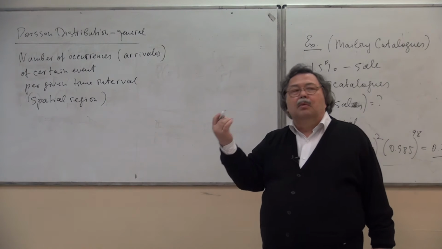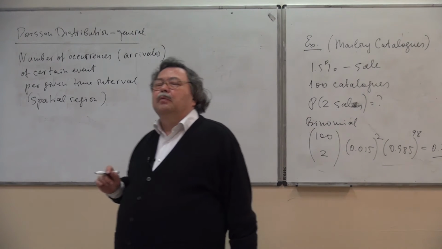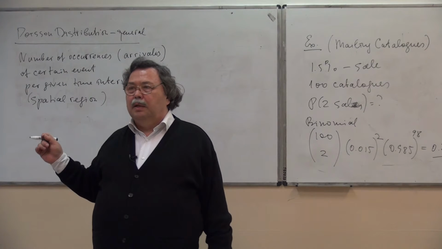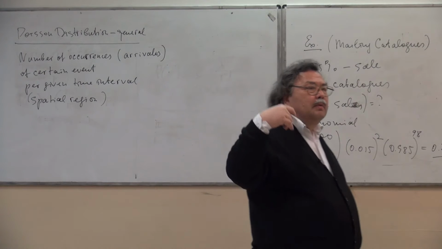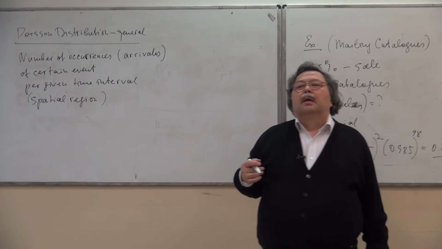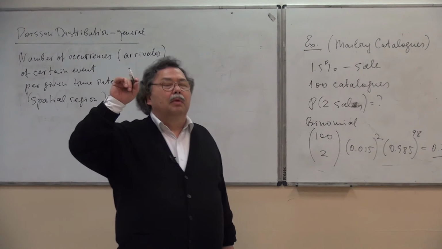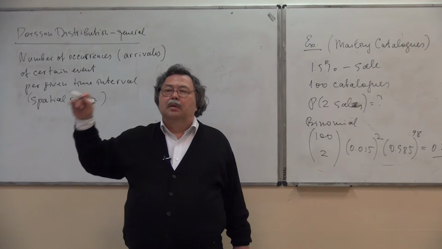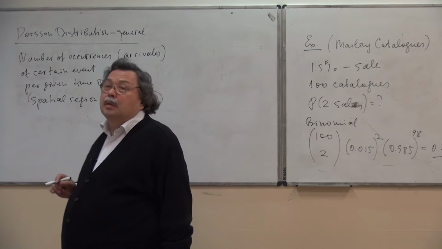The appearance of a raisin in this volume may result from any of the 200 raisins, so we have 200 possible sources of this event. There are a lot of sources, but the probability for each raisin in particular of getting in this chosen 1 cubic inch volume is small.